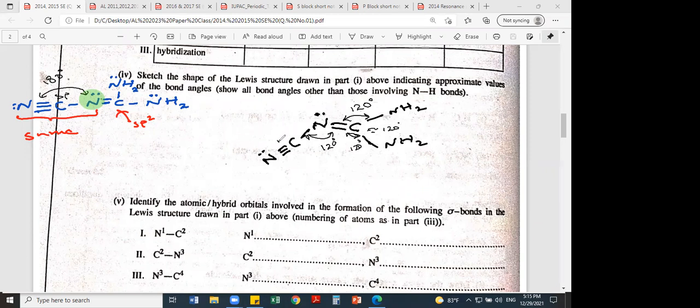This one approximately 180, between these two. But anyway, from 120, if you put 118 or any of the other values, that is also fine, because it will not be exactly 120 because of the lone pair.